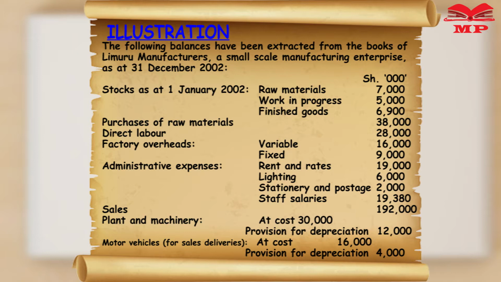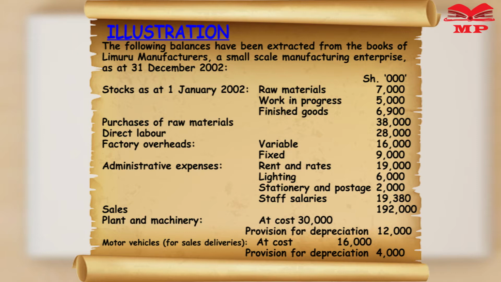Stocks are shown: raw materials, work in progress, finished goods. Purchase of raw materials is also shown. Direct labor, factory overheads, both variable and fixed, administrative expenses, rent and rates, lighting, stationery and postage, staff salaries.